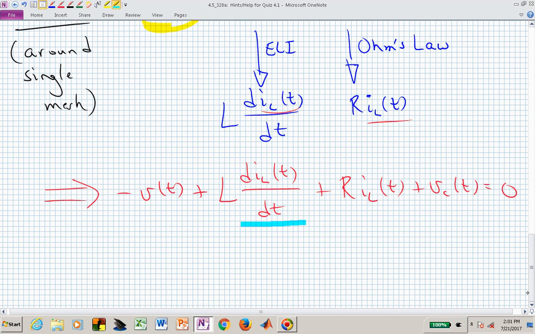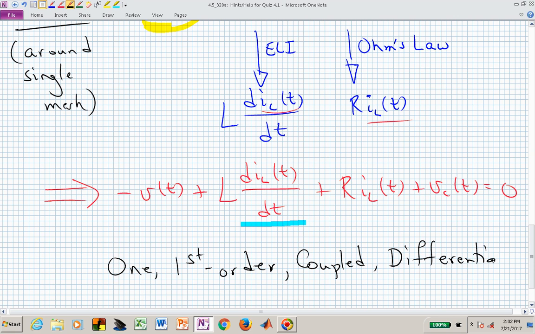We actually said we needed two first order differential equations or one second order. So we aren't quite finished, but this is now one first order, and you can see that it's actually coupled. We have both state variables involved in this equation. We have I sub L and V sub C, so I could say one first order coupled differential equation.